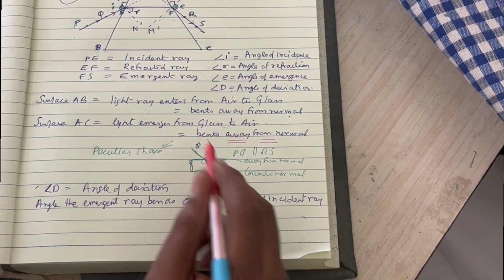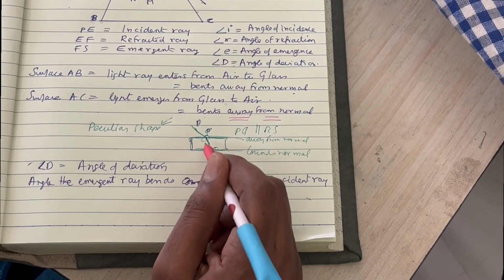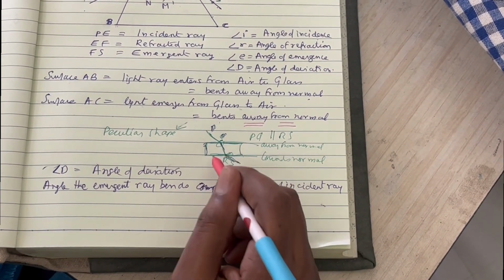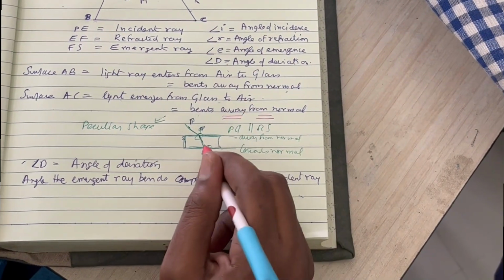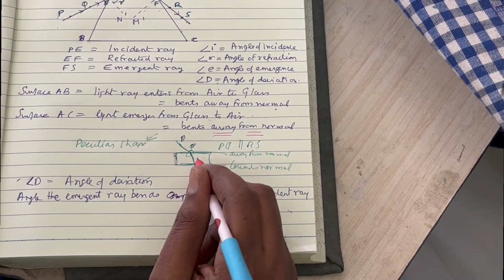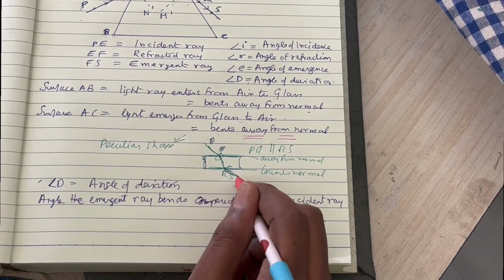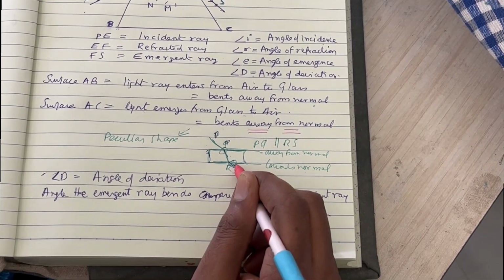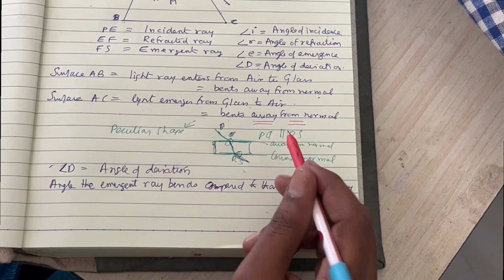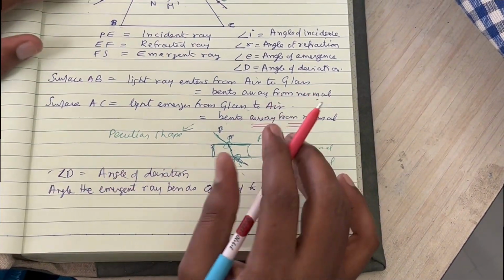The incident ray is refracted away from the normal, but on the other side, when the ray emerges from the glass towards the air, the emergent ray bends towards the normal. And of course, the two rays, PQ and RS, are parallel.